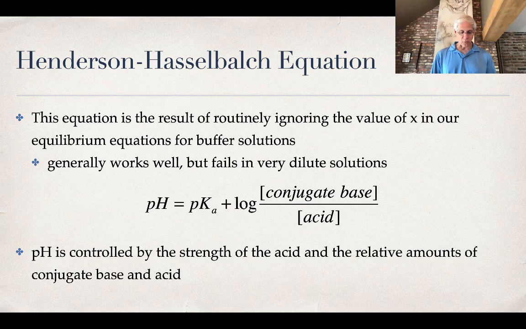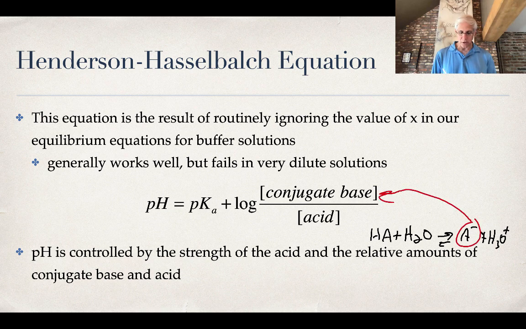Well, always remember, we have this written as a Ka expression because we're using Ka. And remember, when you have an acid dissociation, you have HA plus H2O going to A minus, which is our conjugate base, plus H3O plus. Okay, so we still have products over reactants.